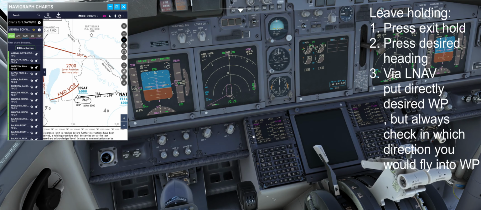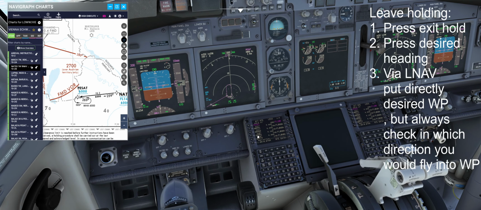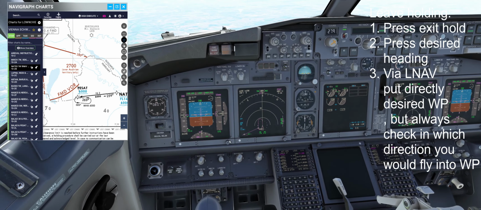I will put, for example, waypoint Whiskey Whiskey 981. Put it right over here. Press execute, but please be aware in which direction you would like to turn into this waypoint.